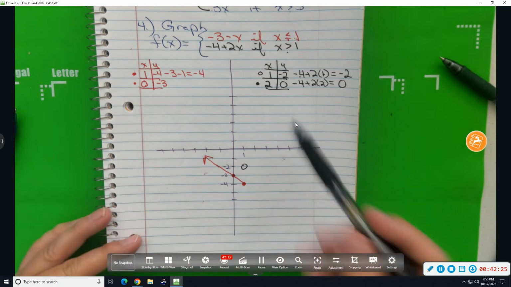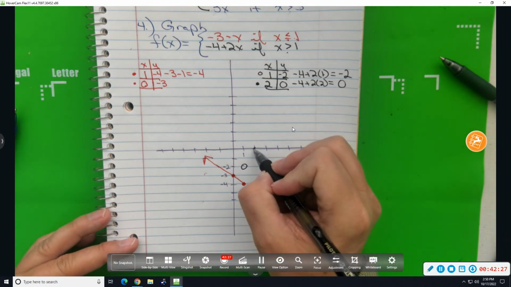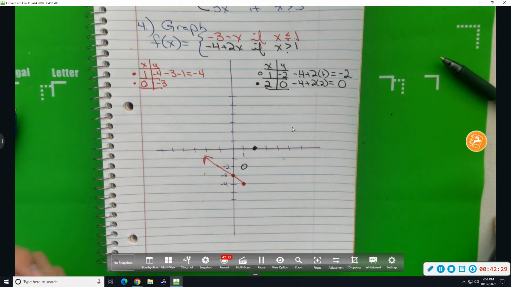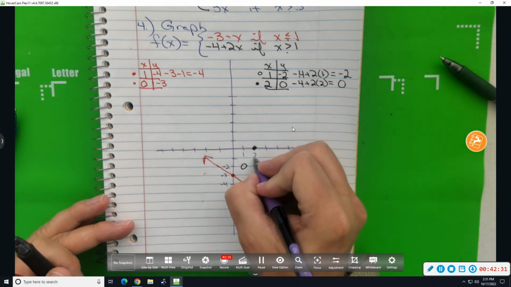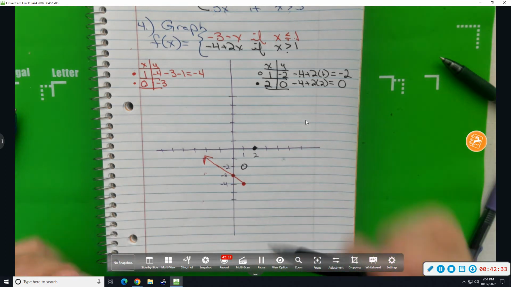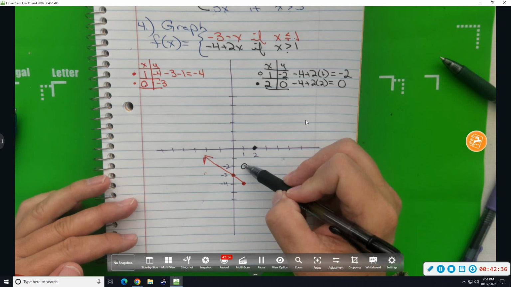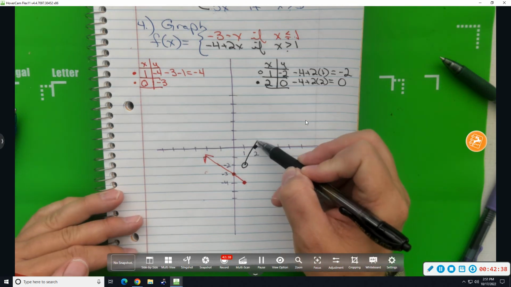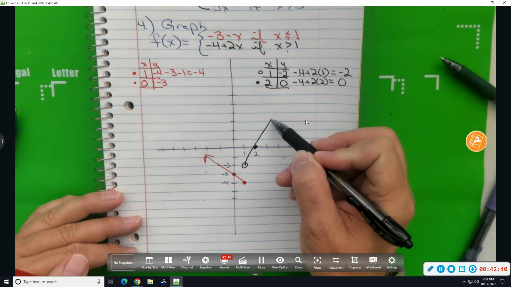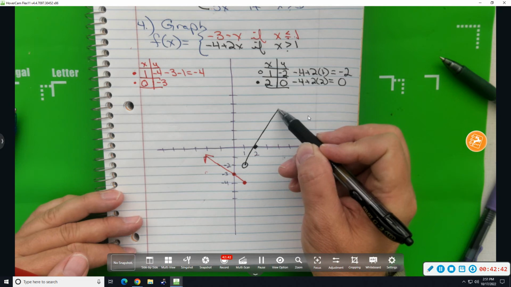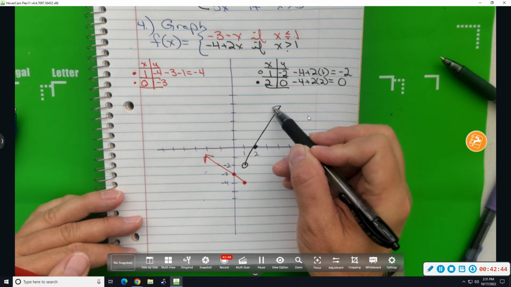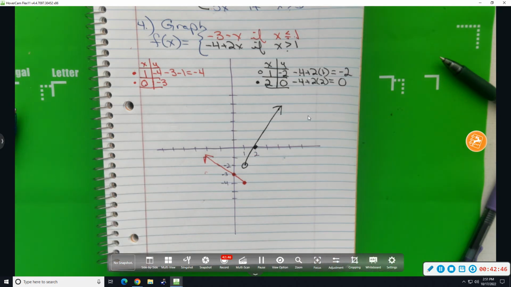Then 2, 0, right there. It starts at the cut point, it goes to that secondary point you chose. Does it stop? No? So I'll put my arrowheads.